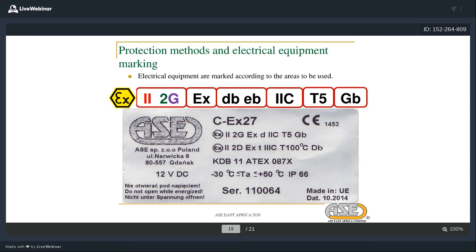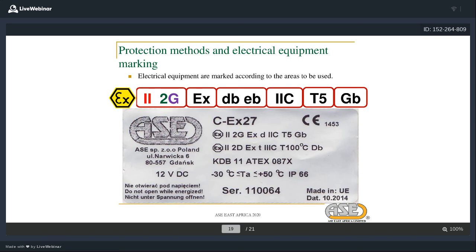So this tells us this equipment can be installed in gas, vapor, mist, or dust. And IIIC is combustible dust, for example magnesium, up to temperature 100 degrees Celsius. D is dust, and b is the level of protection.